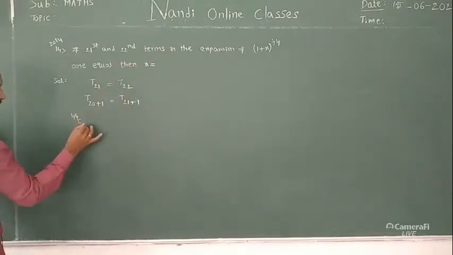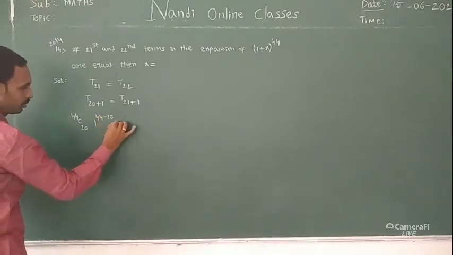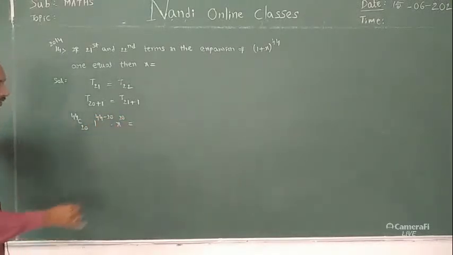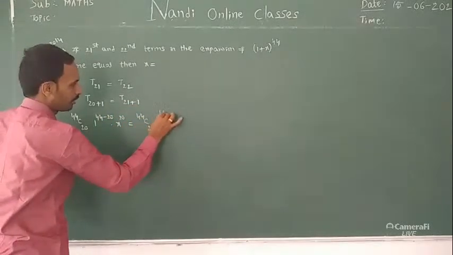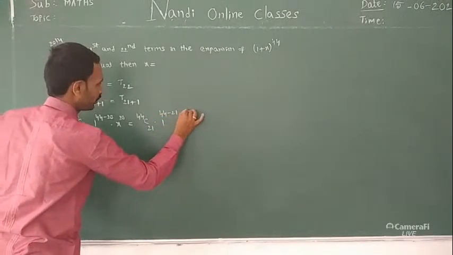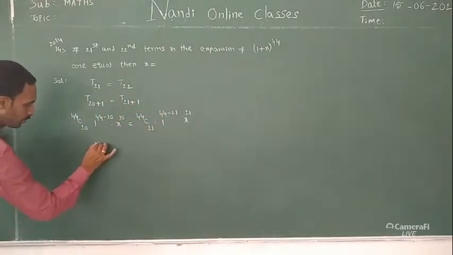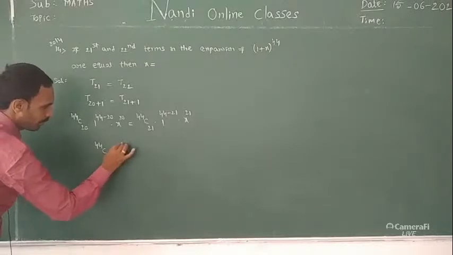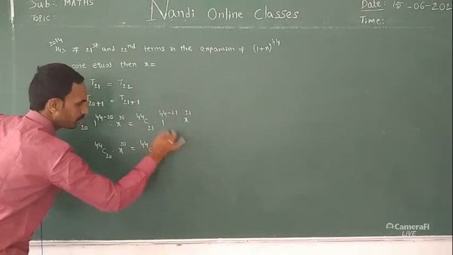So 44C20 into 1 power 44 minus 20 into x power 20 is equal to 44C21 into 1 power 44 minus 21 into x power 21. So 44C20 into x power 20 is equal to 44C21 into x power 21.